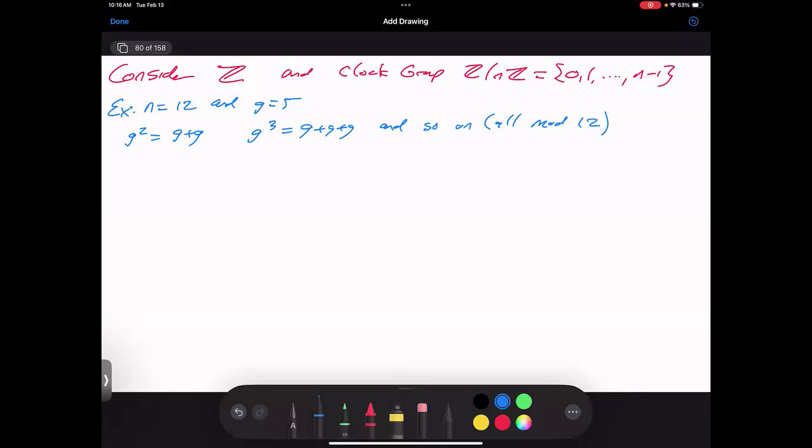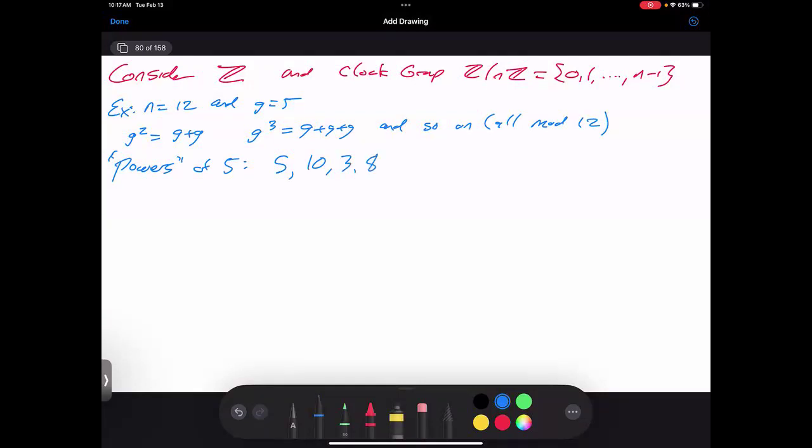Let's start looking at powers, in quotes, of 5. It's going to start off with 5. 5 plus 5 on a clock with 12 hours is 10. 10 plus 5 on the clock is 3.